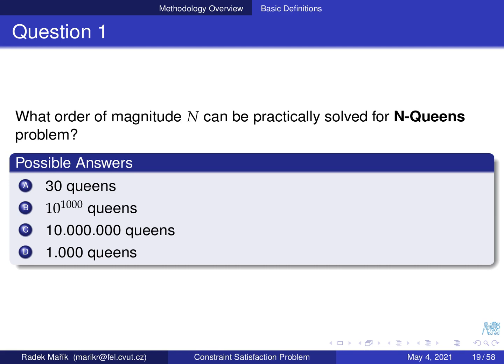So I will run the poll. Okay. So you can answer that. So the answers are 30 queens, 10 up to 1,000 queens, 10 millions queens, and 1,000 queens.